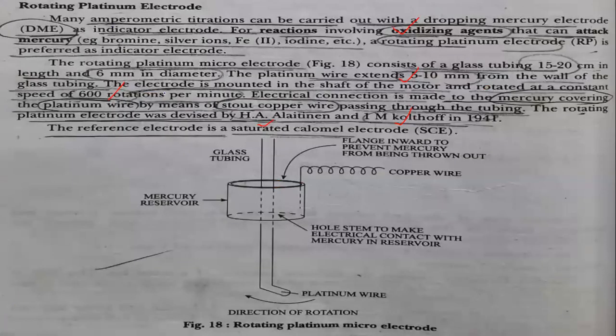Here we are using a platinum electrode, because of oxidizing agents which can attack the mercury. In that case we need to use the platinum electrode; otherwise the technique is the same as the previous one, the potentiometric technique.